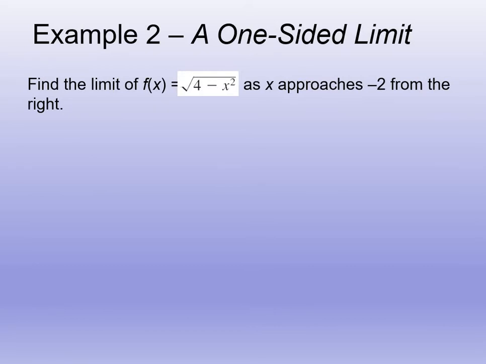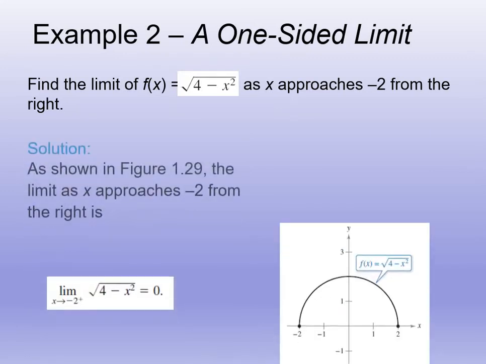If I substitute in a -3, -3 squared gives us 9, and we have 4 minus 9 and get the square root of -5, an imaginary number. So we have to stay within the domain of the function here. We can only approach -2 from the right, not from the left, because it won't be defined.